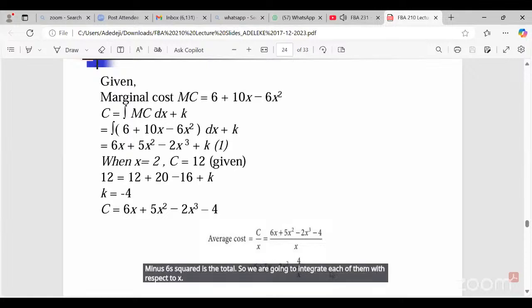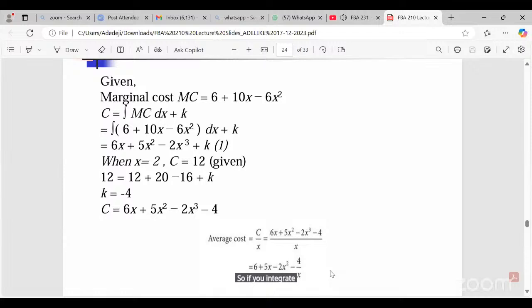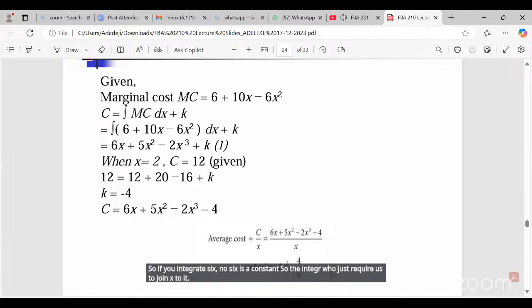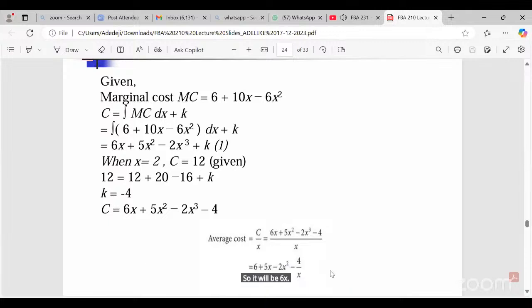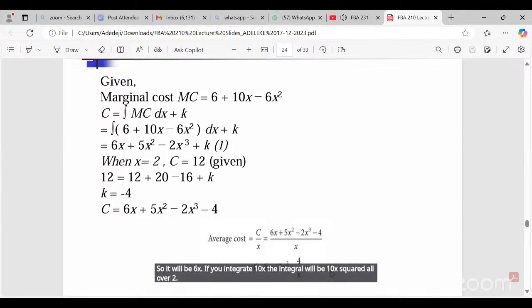If you integrate 6, 6 is a constant, so the integral will just require us to join x to it. So it will be 6x. If you integrate 10x, the integral will be 10x squared all over 2. Where is the 2 coming from?